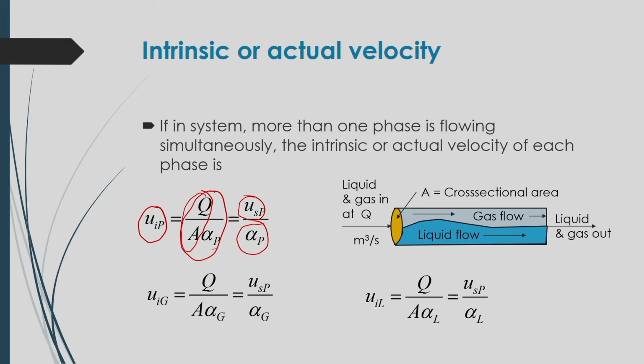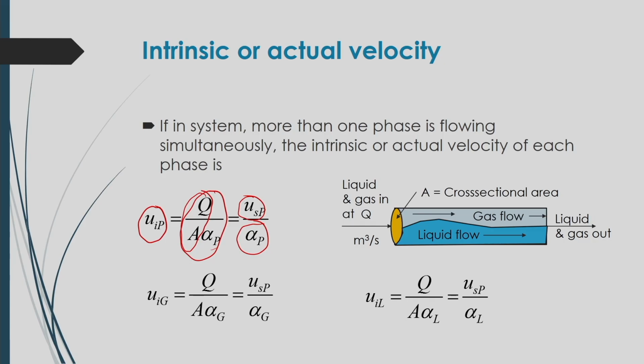So, this actual velocity is related to the volume fraction of the phases. If your volume fraction is more, then your actual velocity will be less, whereas if your volume fraction is less, then you will get the more actual velocity of that particular phase. So, it will be considered for each phase like gas, liquid. If a mixture of gas and liquid is flowing through the pipe, then the individual velocity of those phases will be higher than the superficial gas velocity or superficial liquid velocity.